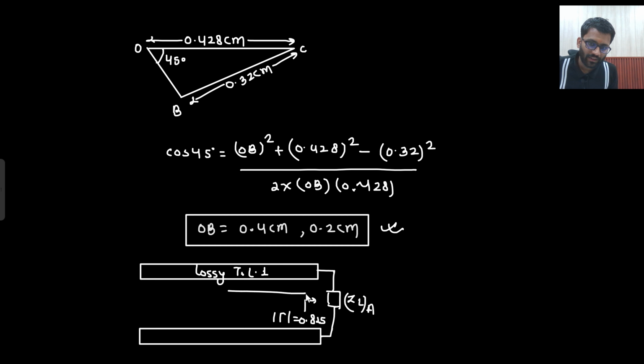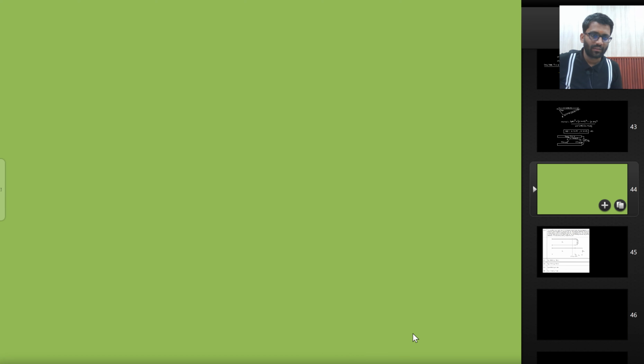But if I cover the distance 0.63 lambda, then I have reached point B, and here my reflection coefficient has become 0.4 or 0.2. So you started with 0.825. Let me add a page.